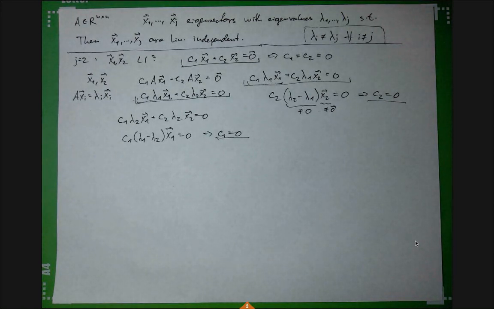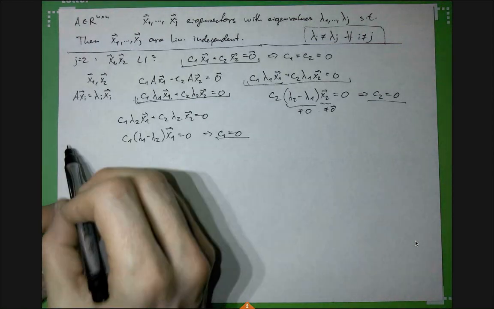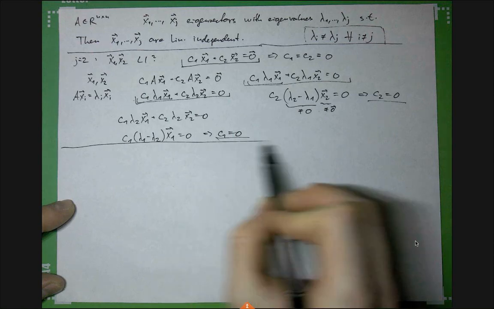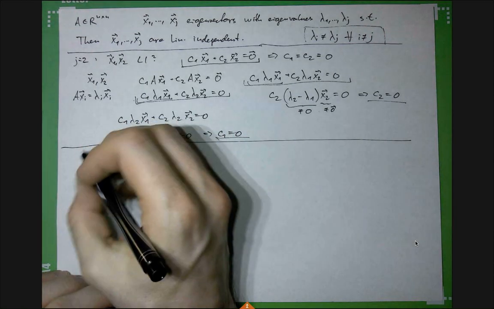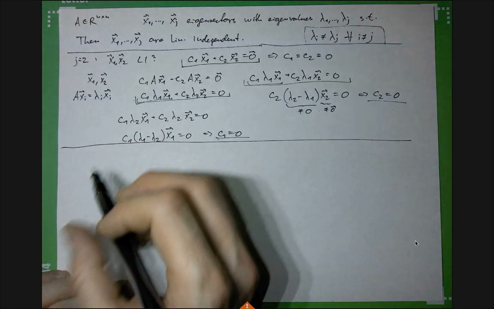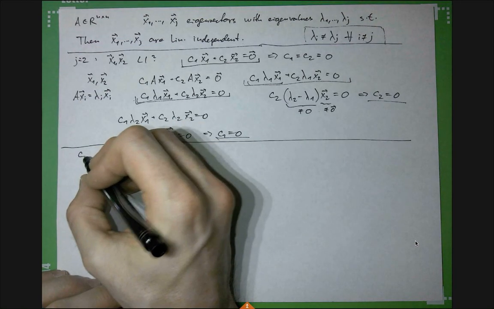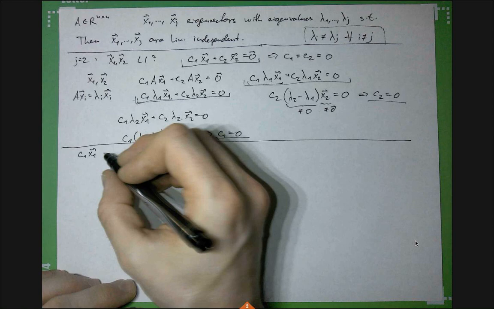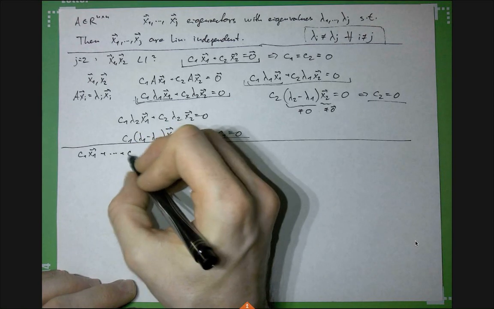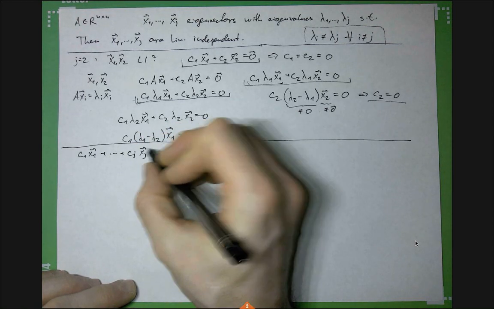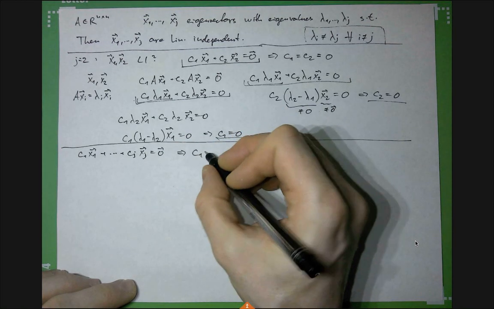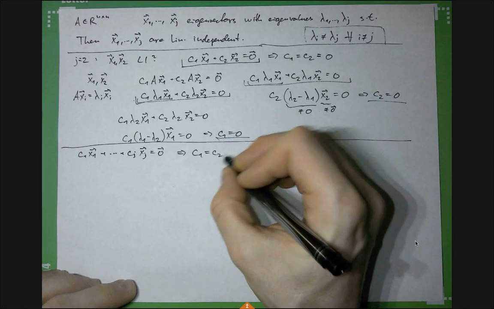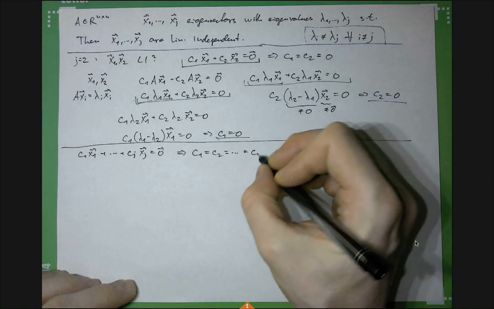Okay, did you follow that? So now we can try the general case when I have j of them. The idea is really the same, right? If j is not just 2, the idea is similar. So now I have to prove that from this assumption, it follows that all of the coefficients are zeros.